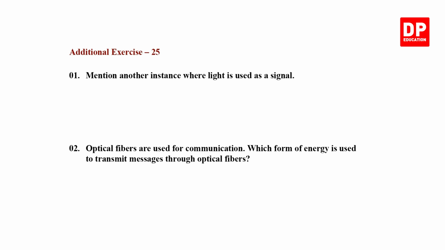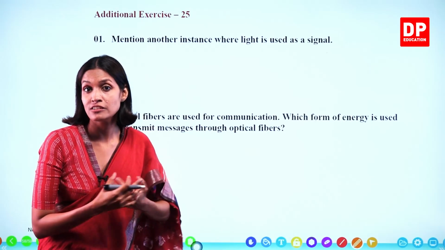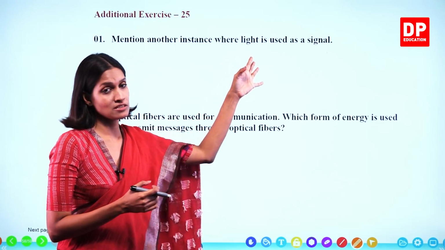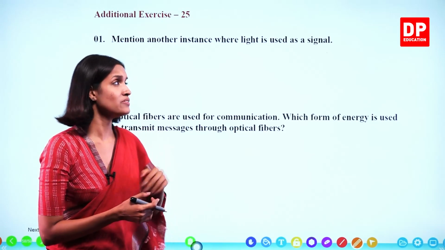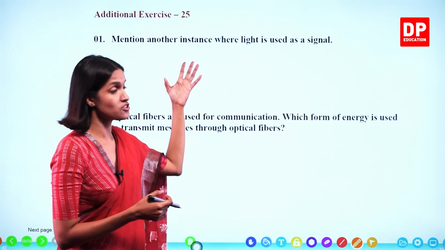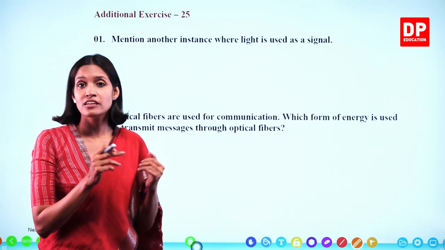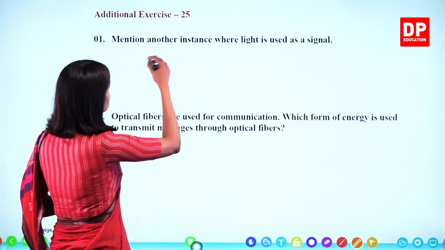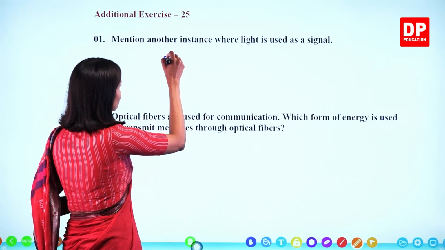Earlier we discussed lighthouses. Another instance where light is used as a signal: what is another example? We can write traffic lights. In traffic lights, 3 different colors are used as signals.